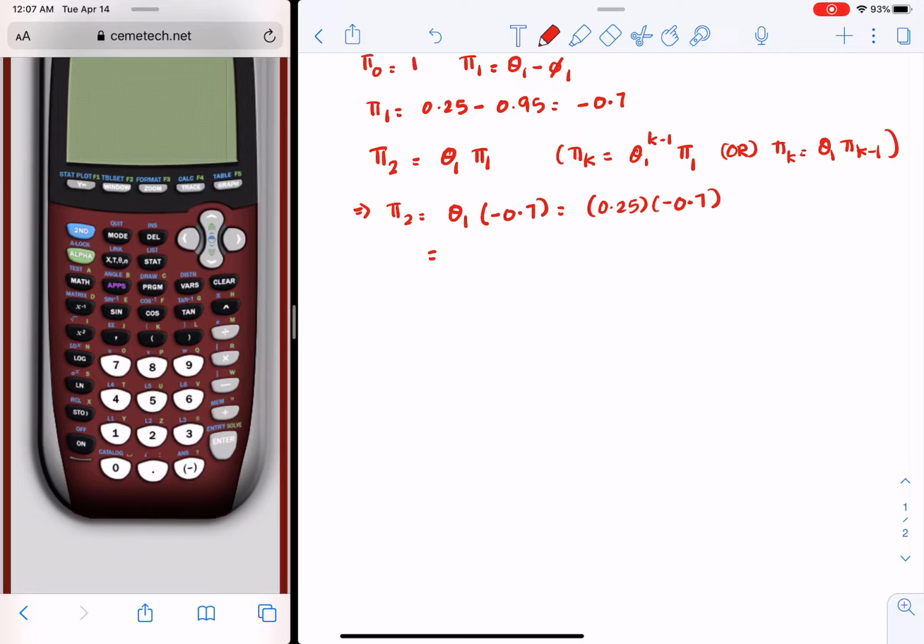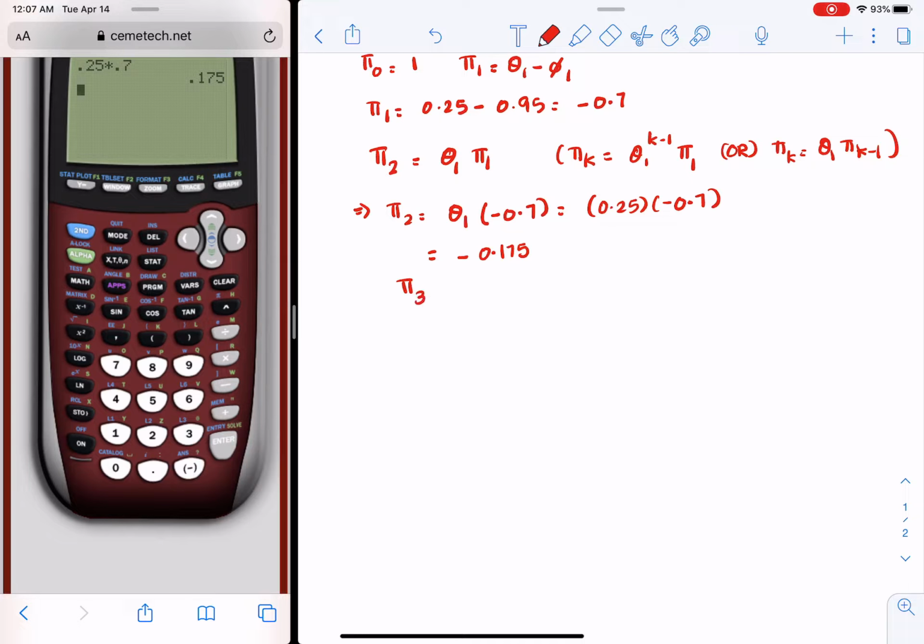So we have 0.25 times negative 0.7, which will give us negative 0.175.